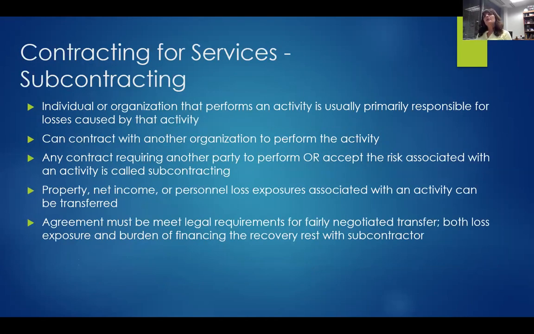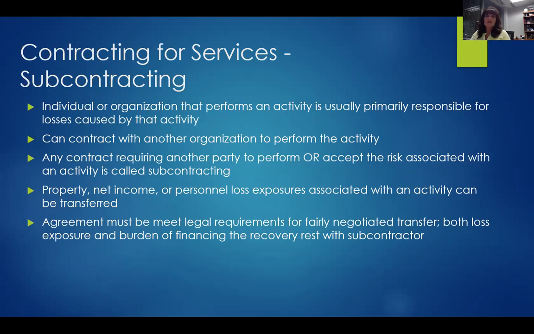Another one that we don't necessarily talk about a whole lot, but you need to think about, is when we contract for services instead of doing that with our own personnel. We're essentially subcontracting that work out. If you, as an organization or as an individual, perform a particular activity, maybe I am selling a product or building a building, you usually are the primarily responsible party if anything goes wrong with that activity.